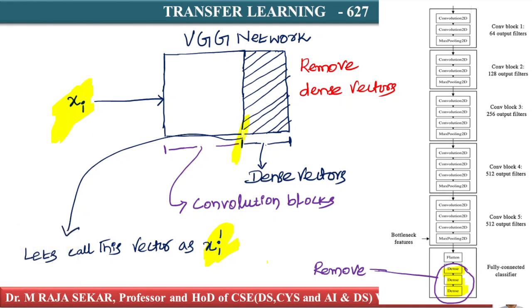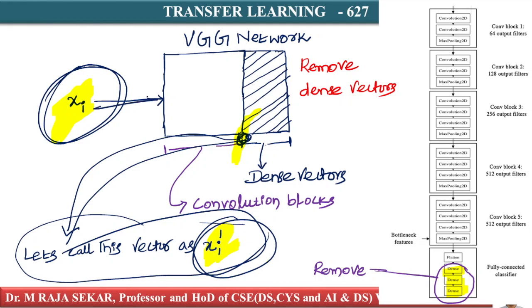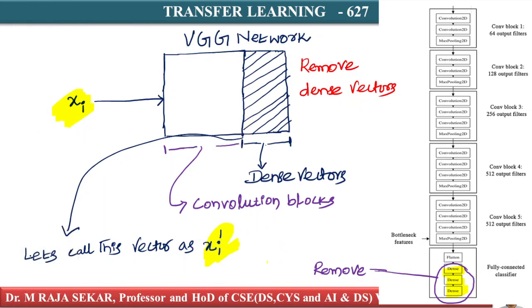Here, before removing the dense vectors, I will get some vector. That vector I am calling xi dash. Please try to understand the difference between xi and xi dash. Xi is the input vector to my VGG network, and here I will get some vector that I am writing as xi dash. My xi is the image from my original data set.